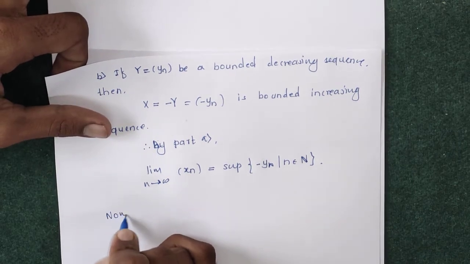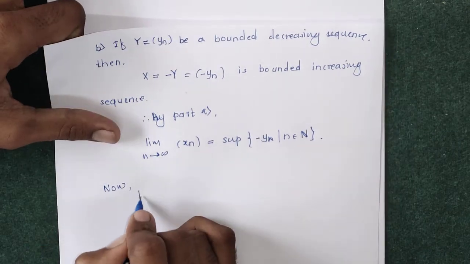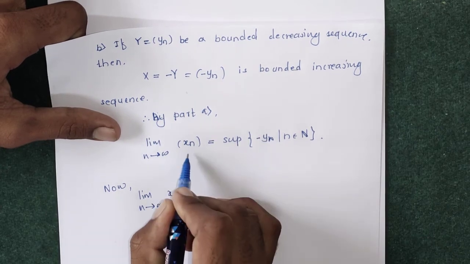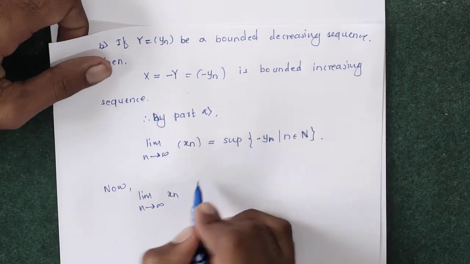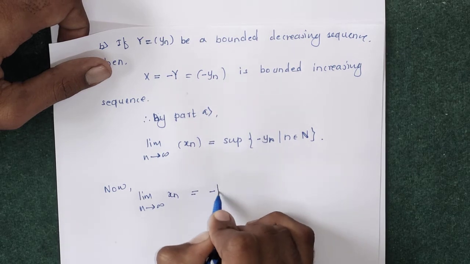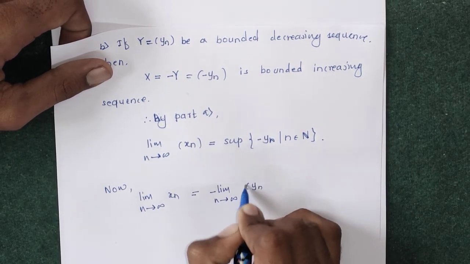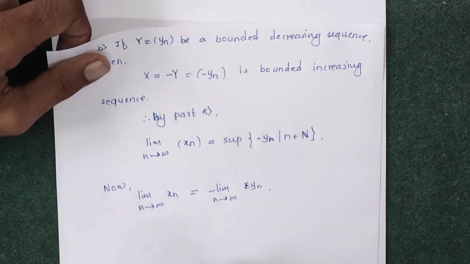Now here the limit as n tends to infinity of xn is equal to minus the limit as n tends to infinity of the sequence yn.